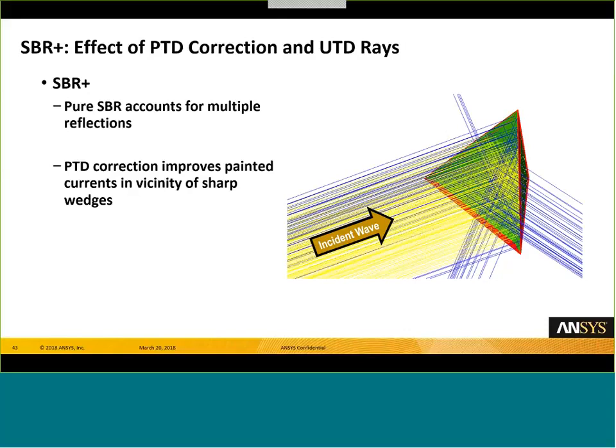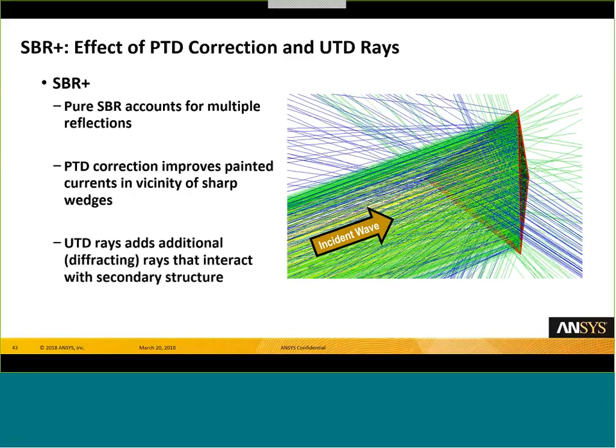And then we can think of the UTD rays that are used. In this case, the UTD ray can be thought of as additional rays that are generated at those same wedges where the PTD correction is made. But in this case, these additional rays are basically propagating diffracted energy along the so-called Keller cones.